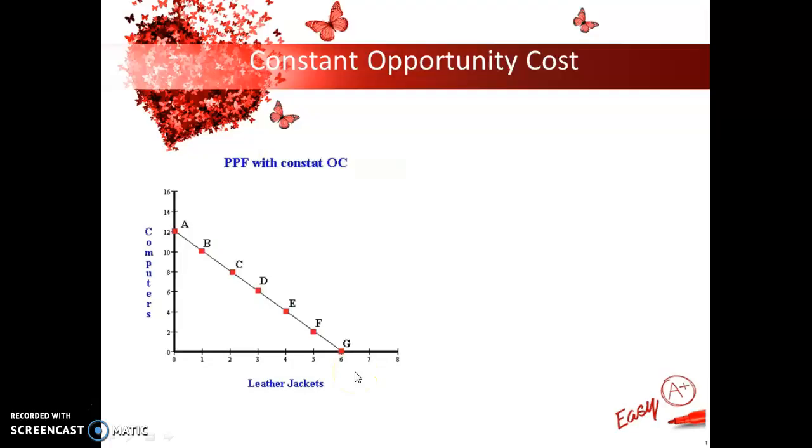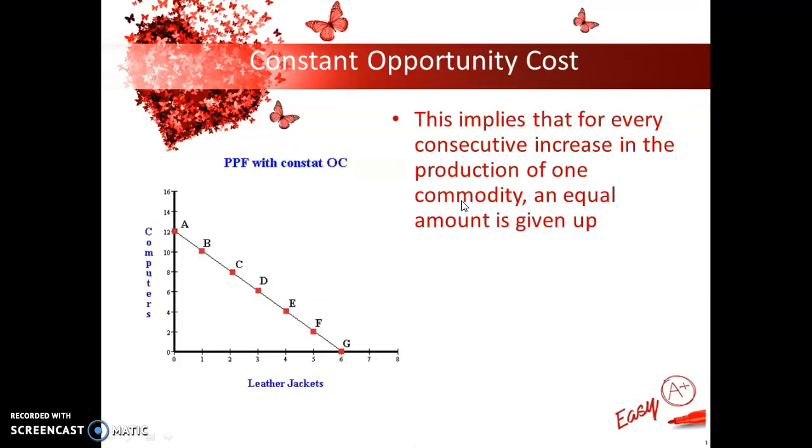Take notice of how the curve is shaped. It's just straight, like a demand curve. This implies that for every consecutive increase in the production of one commodity, an equal amount of the other is given up, right?